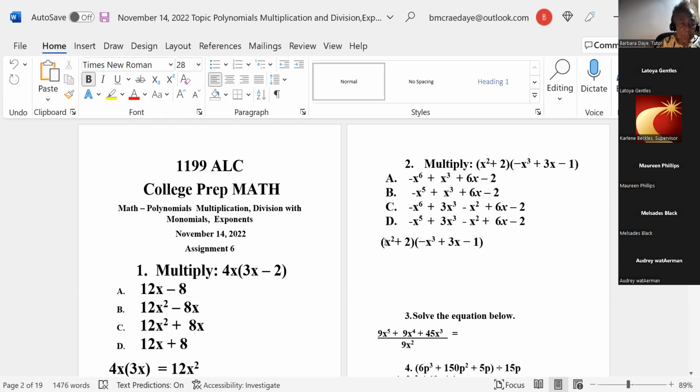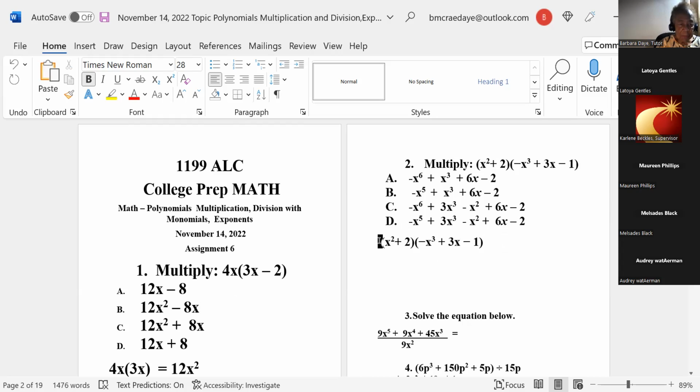Here's what I did. I took the x squared times the minus x to the third plus 3x minus 1. And I took the 2 times the minus x to the third plus 3x minus 1. So let's just break it up, just like we did over here, except I had one monomial here. Here I have a binomial. So I just broke the binomial up and multiplied each piece by the polynomial.